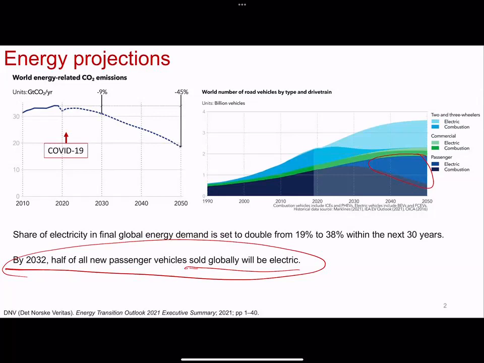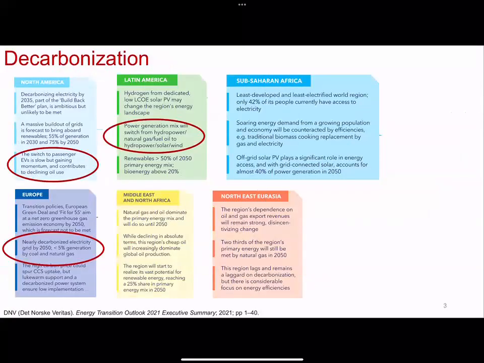You can see here in the blue, the fuel cell electric vehicle, but also the battery powered electric vehicle, that's going to be a dominant factor in the types of cars that are going to be sold. And they're dictated by policies around the world, including policies in the United States, which is where the market is going.